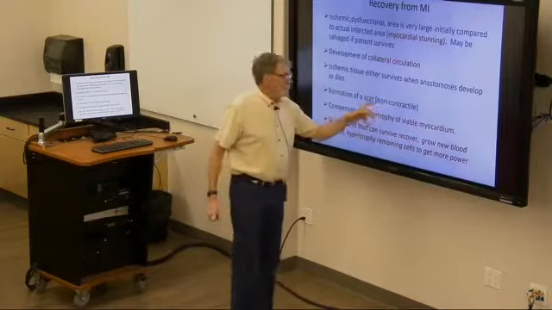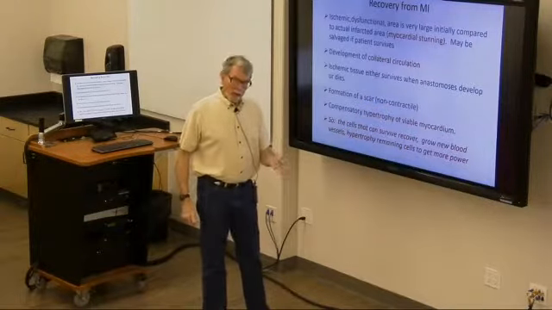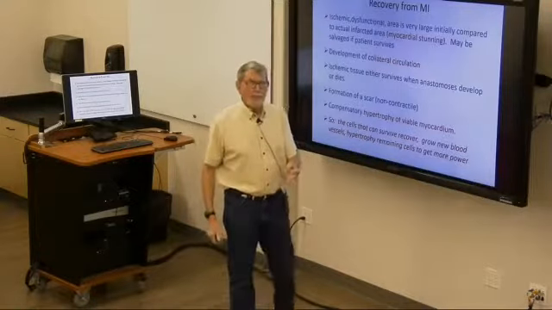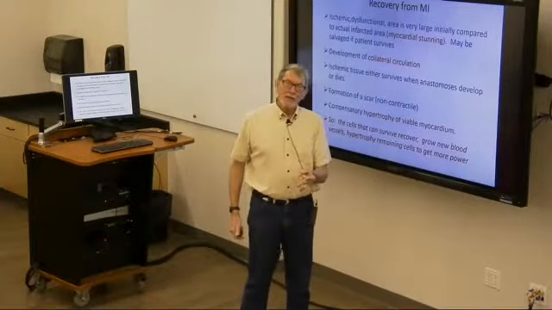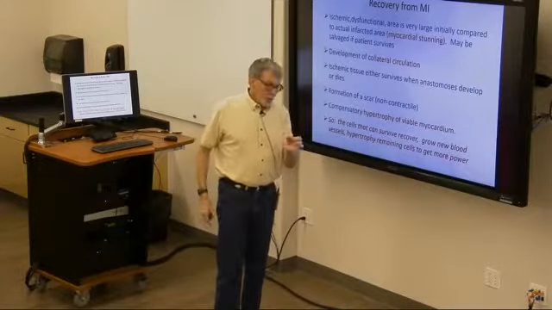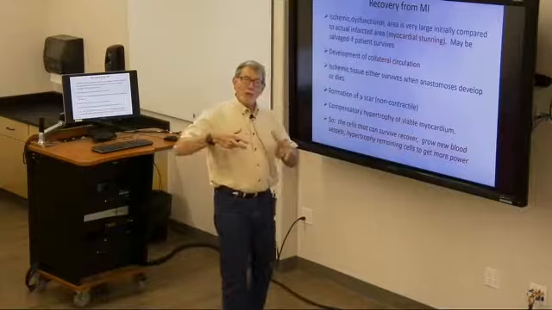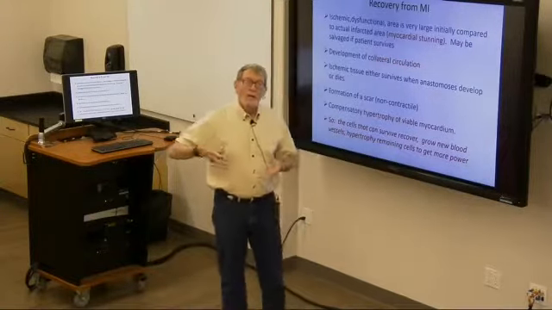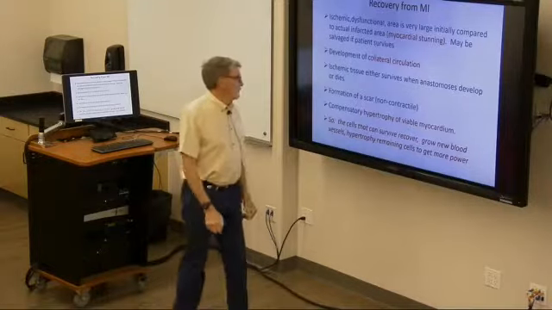You form a scar over the part that's dead. You can't add new cardiac cells really in this case, but you can restore the ones that are alive. You can form a scar, and then you hypertrophy the ones that are left so they are a little bit bigger and stronger and can help make up the difference.